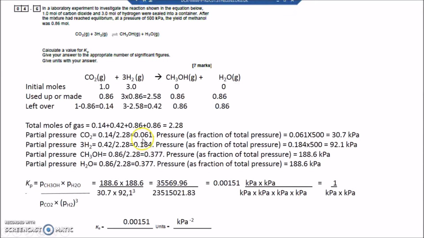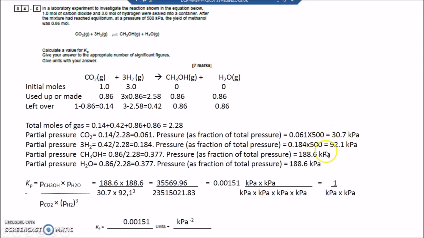So now I've got the fractions of each of these contributing to the total pressure. So 500 kilopascals is the total pressure, and the fraction of carbon dioxide that I've got in the mixture is 0.061. So I'll multiply the fraction by 500 and I find out the pressures that each of these are contributing. So the fraction of the number of moles then gives a fraction of the pressure.